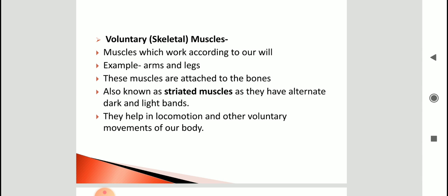In this way there are band like structures, that is why we call them striated muscles. They help in locomotion and other voluntary movements of our body. They are found in arms, legs, on our face, neck, etc.